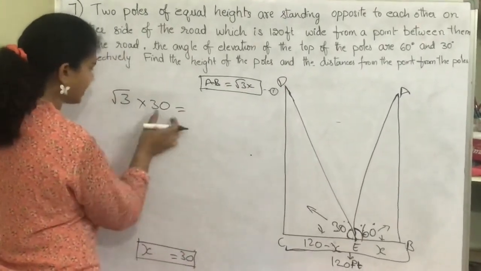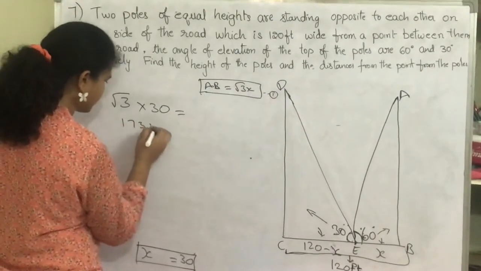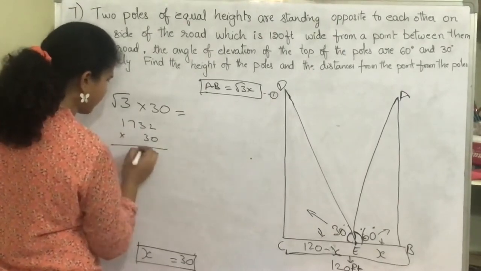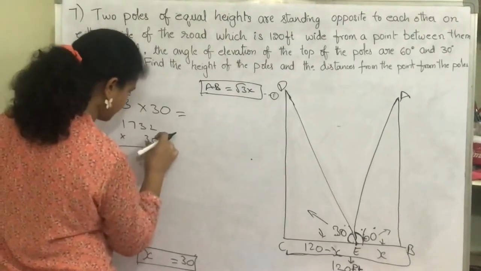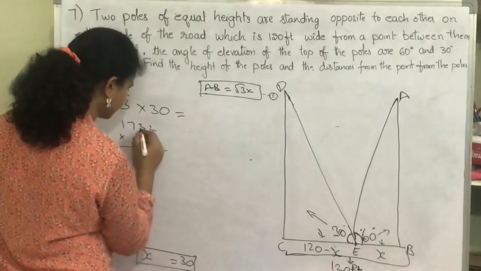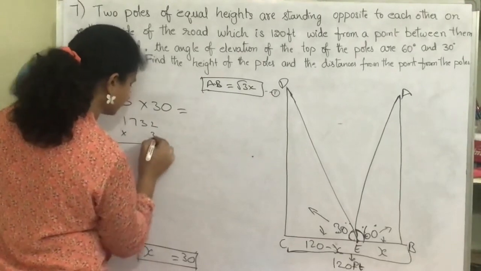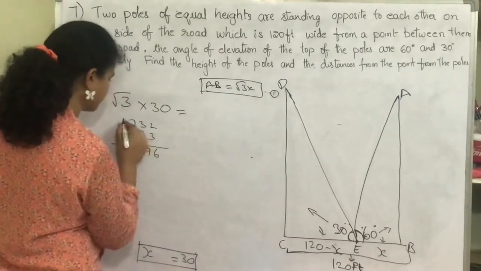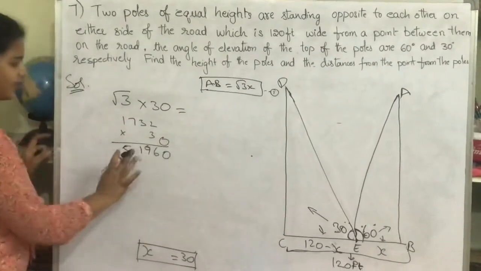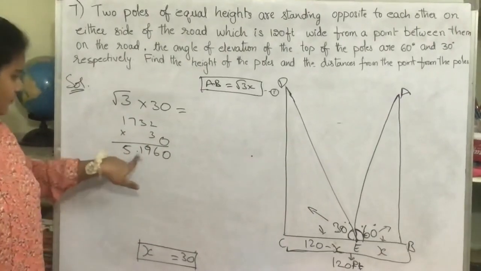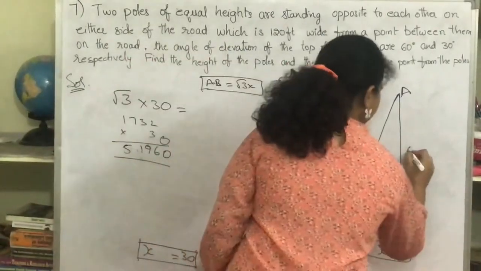So root 3 into 30, where you can write root 3 as 1.732, into 30. This becomes 5.1960.